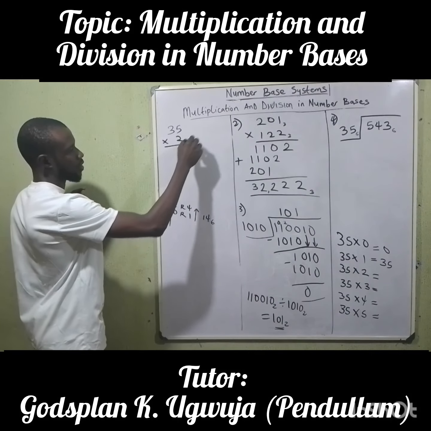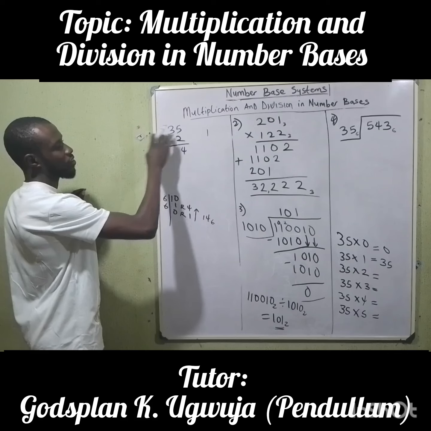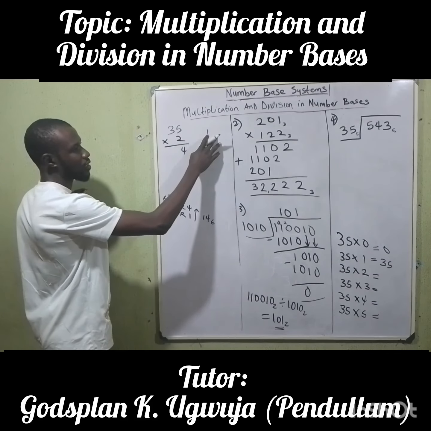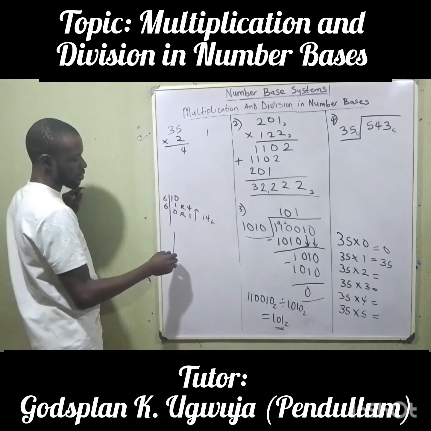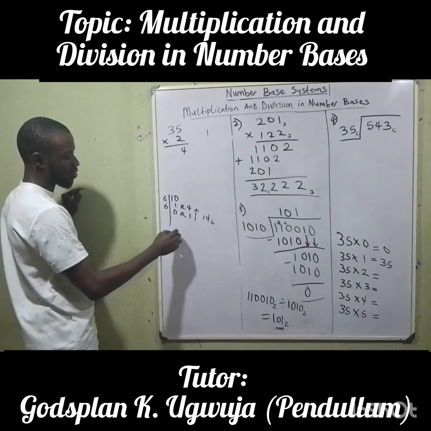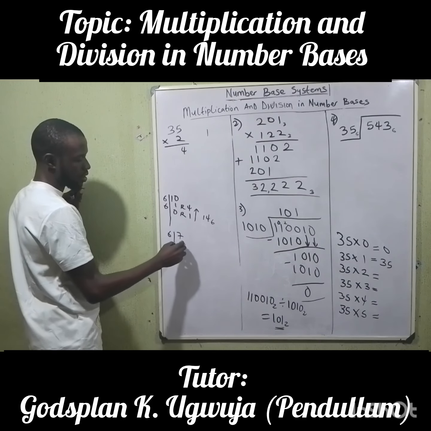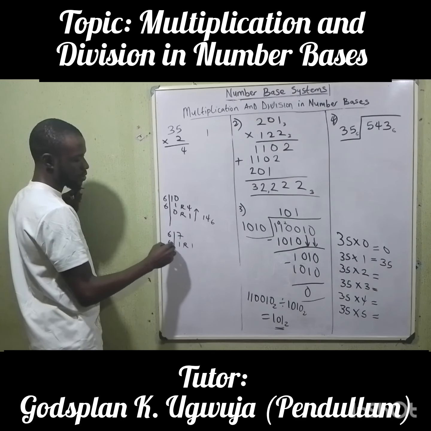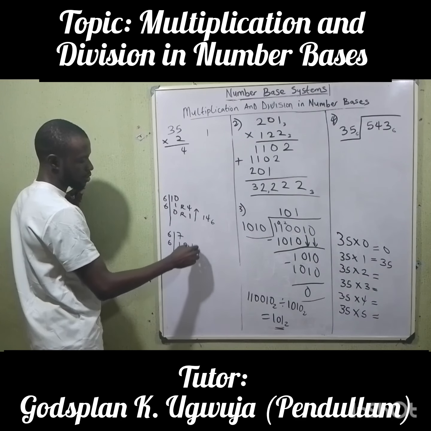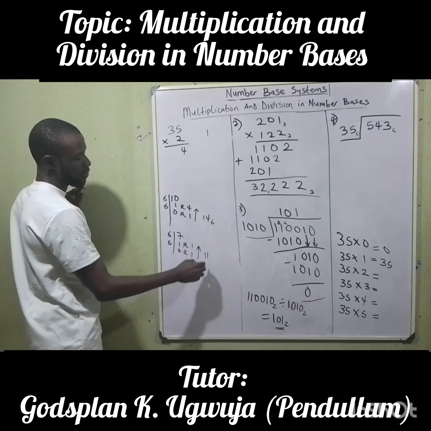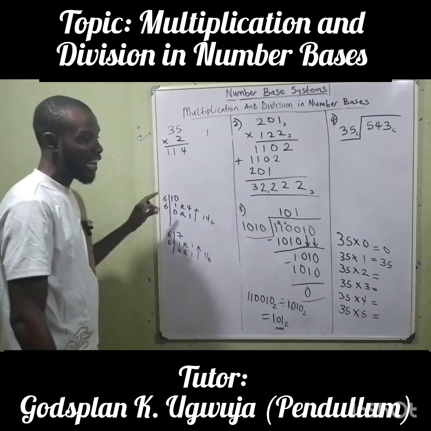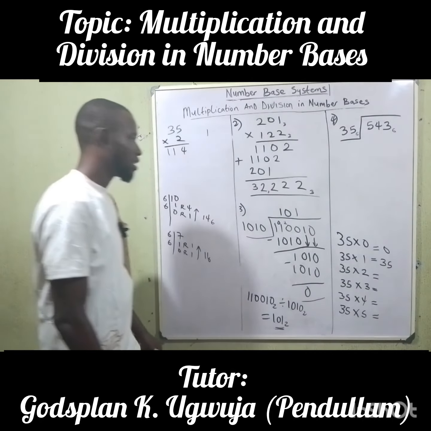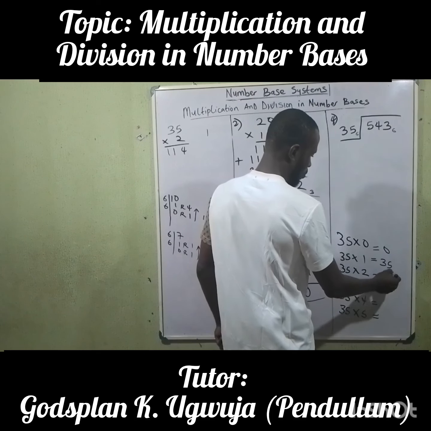So I write 4, I'll keep 1. 2 times 3 is 6, plus 1, 7. Now I have to convert 7 to base 6. 7 is not a base 6 number. So this is 1 remainder 1. This should give me 11. So this is 11 in base 6. So 35 times 2 in base 6 is 114.